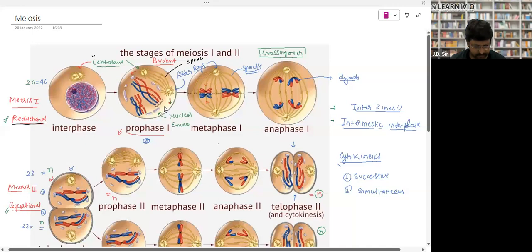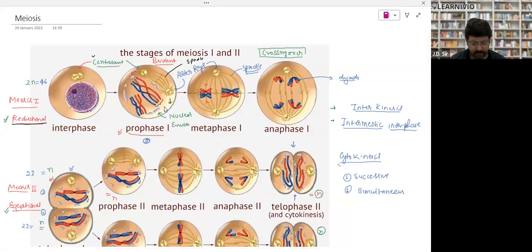It is a complicated and prolonged phase compared to the similar stage of mitosis. Full stop.